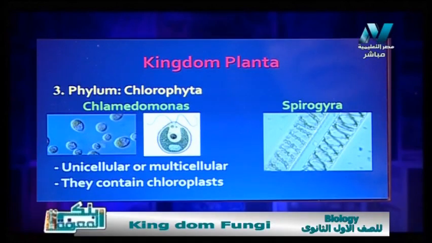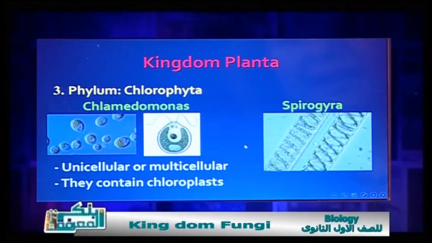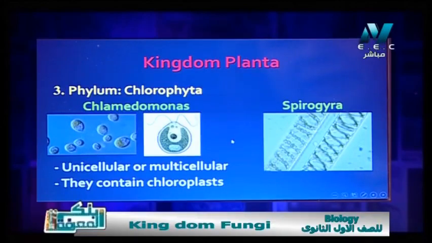The chloroplast is in a spiral shape, runs from the beginning of the filament to the end, going through the cells one after the other. So they are unicellular or multicellular. They contain chloroplasts, so they carry out photosynthesis, and most of them are present in fresh water and some in marine water.